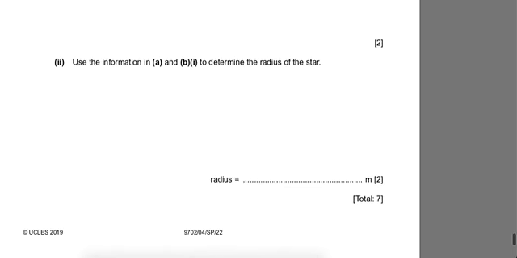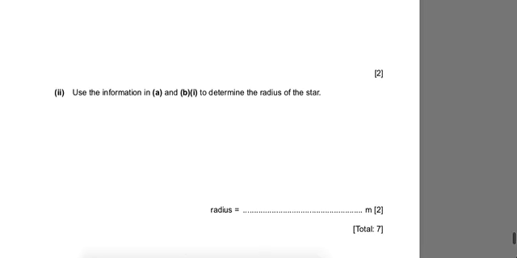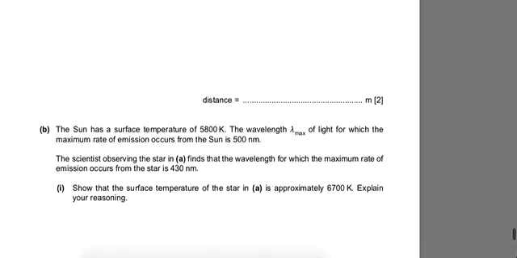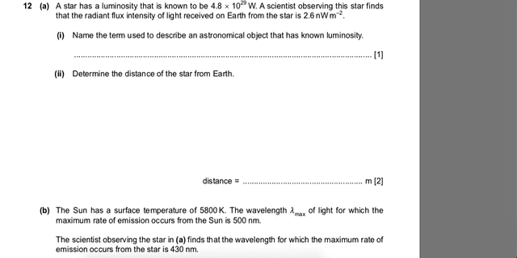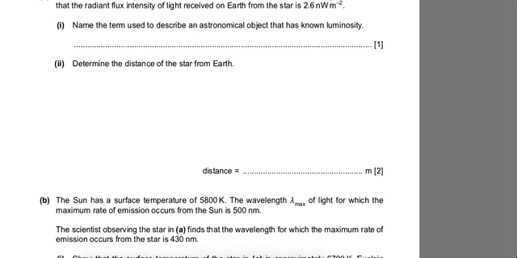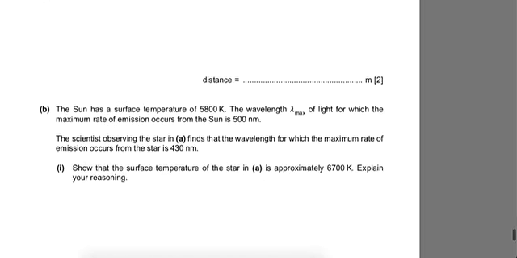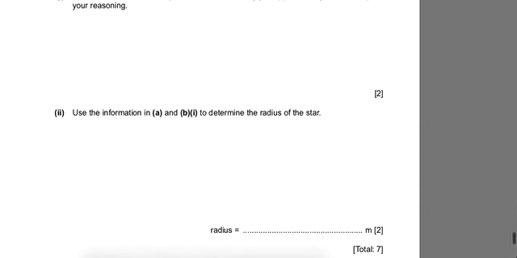Use the information in A and B1 to determine the radius of the star. So what did you find in A? You found the distance D between the star and the Earth. And now you need to find out the radius. You can, of course, model that as a sphere.